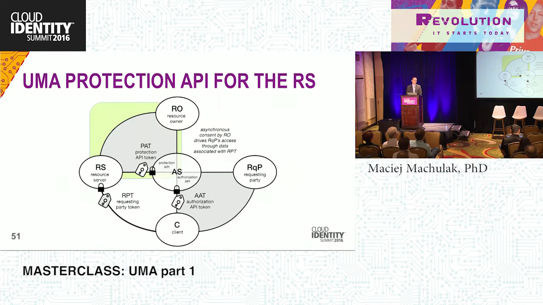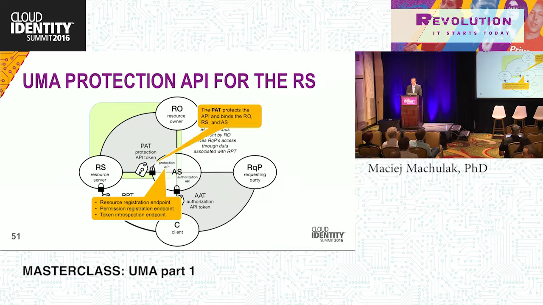There's a protection API token which dictates that the resource server can communicate with the authorization server. And the protection API that the authorization server provides allows the authorization server to act as the component that defines whether access is granted and how resources are protected.